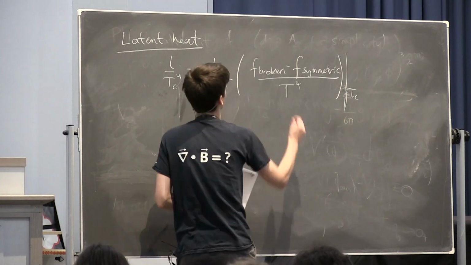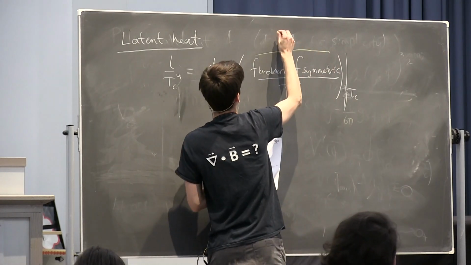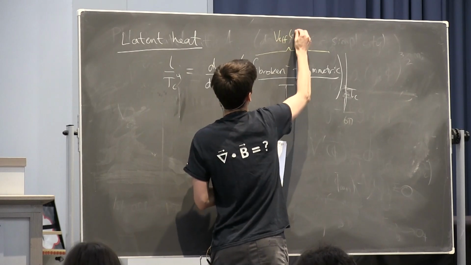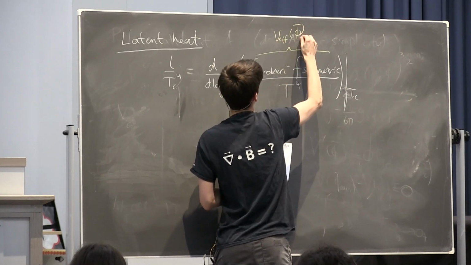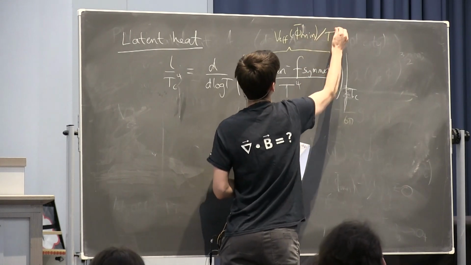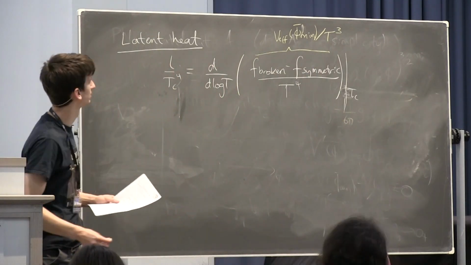But this quantity here, we can also write in terms of our effective potential evaluated at the minimum. This thing is basically our 3D effective potential evaluated at the minimum on T cubed because of the mass dimension difference in 3D and 4D.